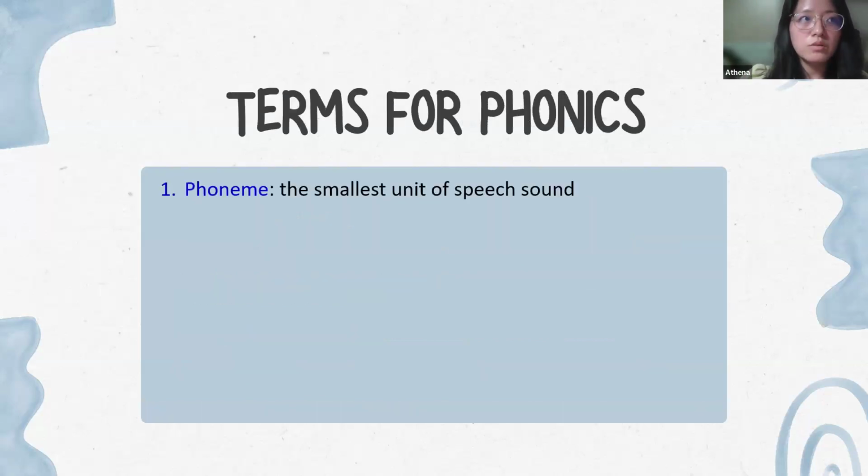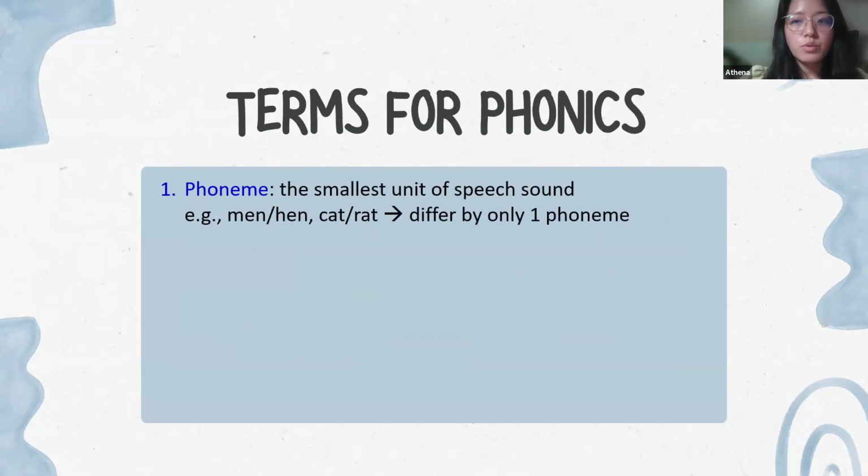Okay, so there are some terms we can take a look at first. The first one is phoneme. As we mentioned before, phonological awareness can also be called phonemic awareness. When we talk about phoneme, that is the smallest unit of speech sounds. So the PH sound, when read as that, is one phoneme, even though it has two letters.